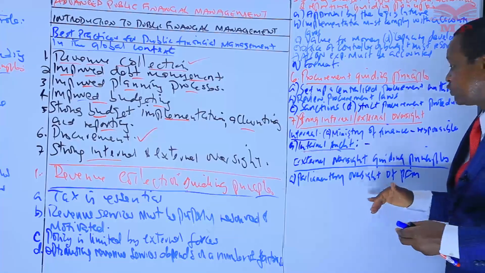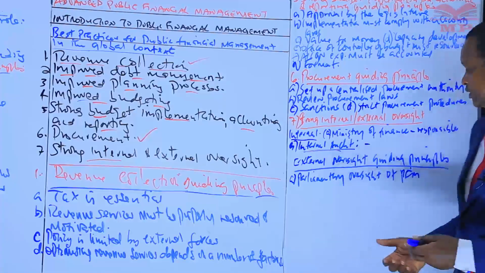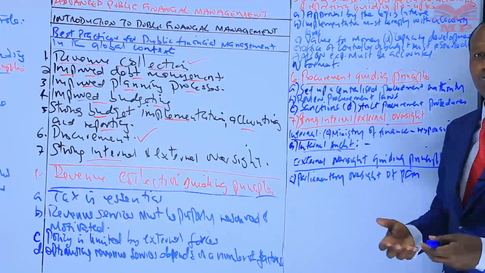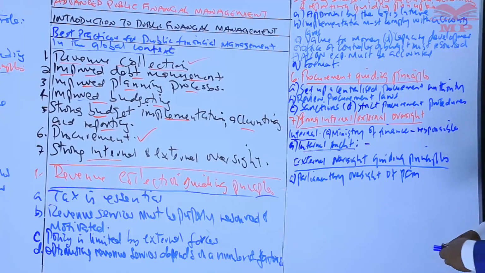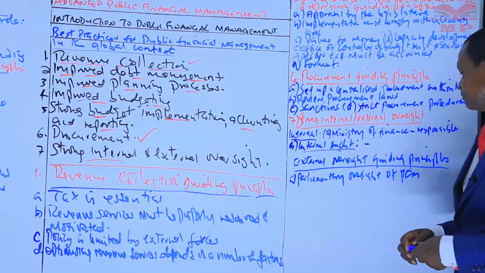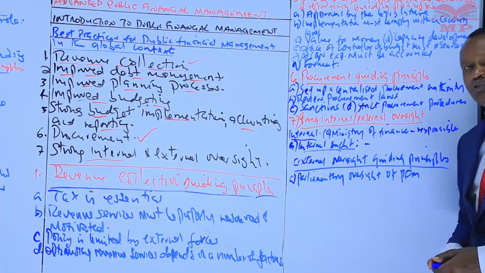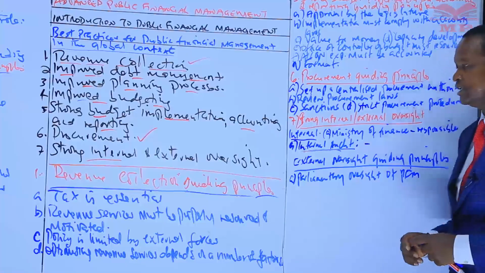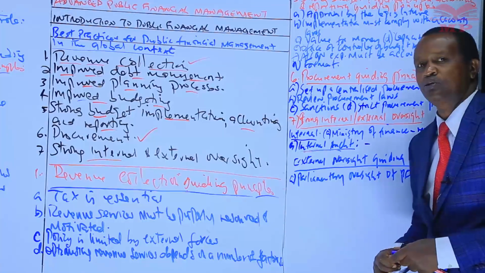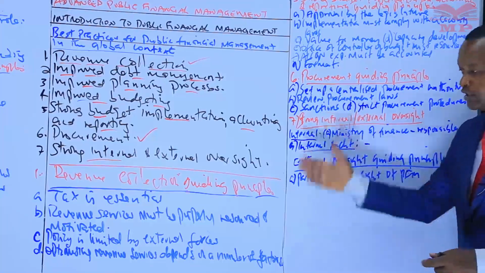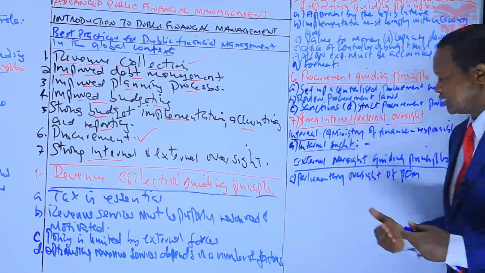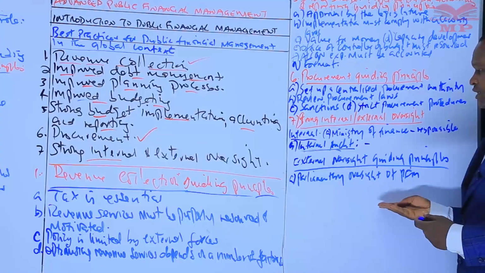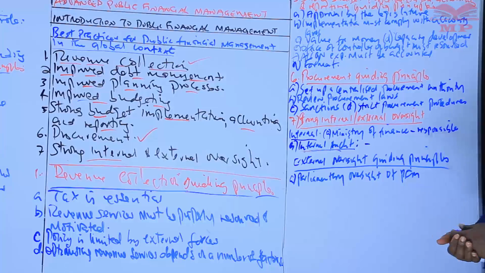Otherwise, if they have no knowledge, then what are they going to interrogate? What are they going to oversight? They need to be well-trained, well-educated in matters to do with public financial management. That's why it's important when electing a leader, as good citizens, you need to check the qualifications also of the members so that we have members of parliament who can help in carrying out some of these functions.